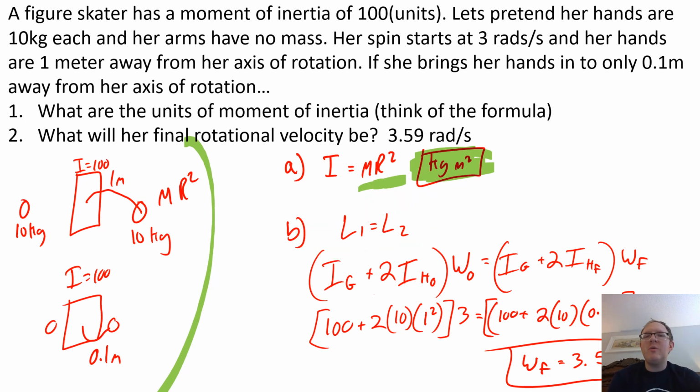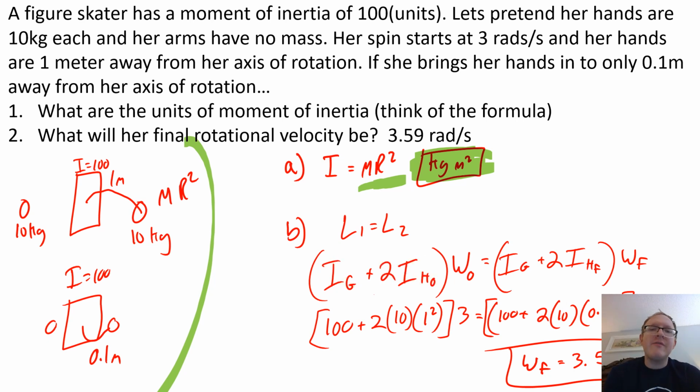L equals IW. At the start of the problem, we have the I of the girl plus her 2 hands, which we calculate. The I I gave you for her is 100. Her hands have this I value right here: their mass times their radius squared, and there's 2 of them. All of that is spinning at the same speed, 3 radians per second.